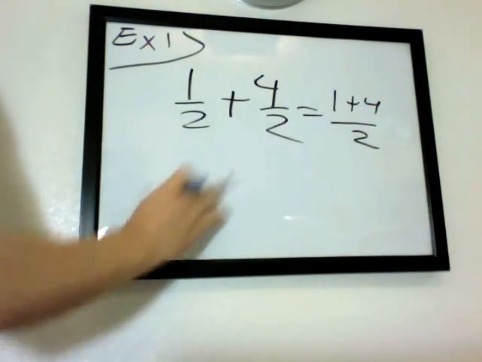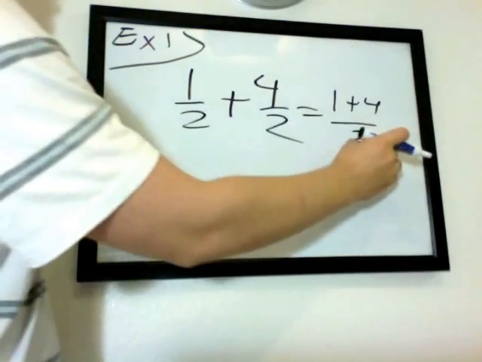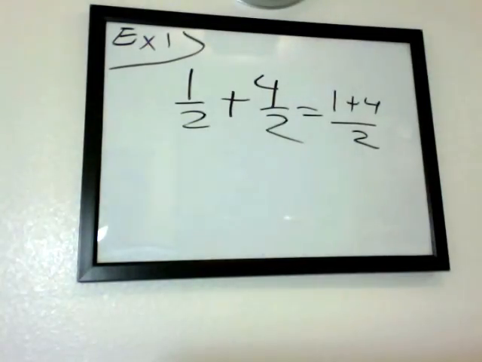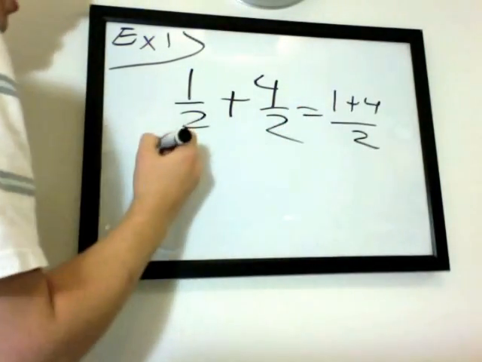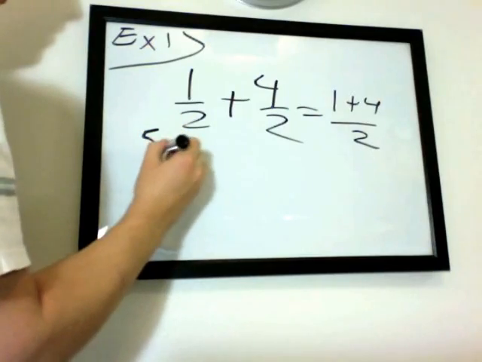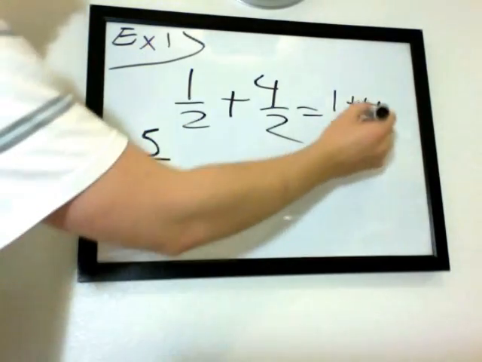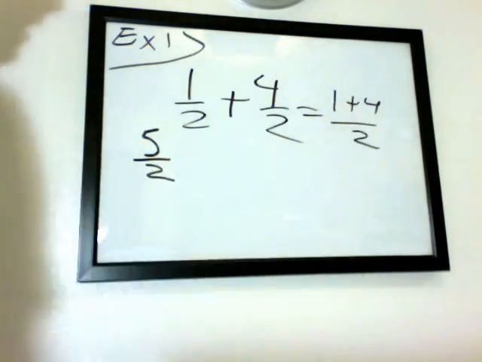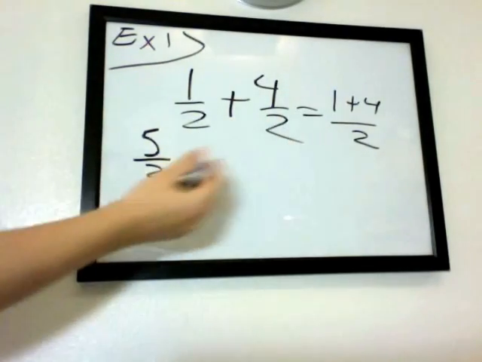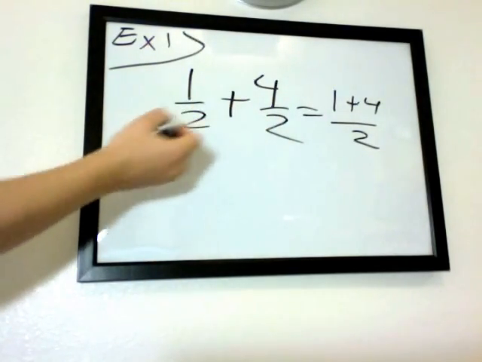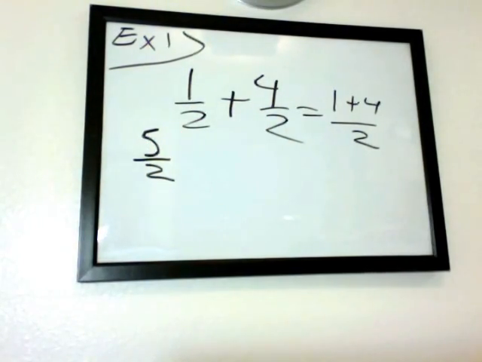Because they have the same denominator, you just add them together. 5/2. 4 plus 1 is 5, and the denominator stays the same.